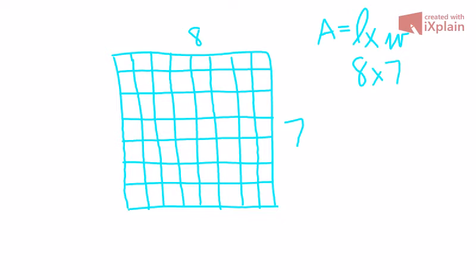So what I'm going to do is erase the 8 and erase the 7 and erase that, and I'm going to break this into two different shapes. Let me change the color real quick.